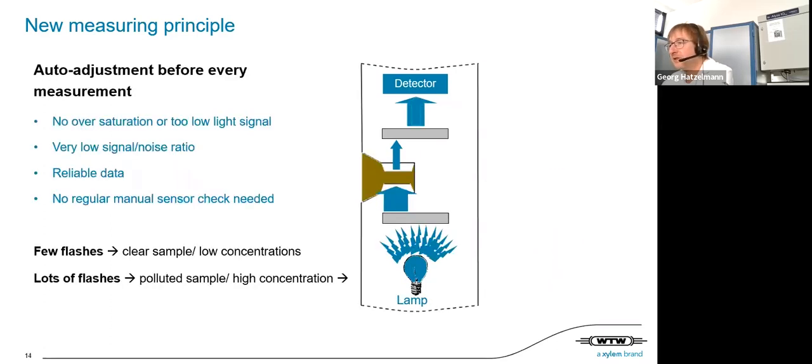Based on this, we have no oversaturation and no too-low signal, absolutely reliable data, and no regular manual sensor check is normally needed. So once again, few flashes for a clear sample or low concentration, and multiple flashes if we have a polluted sample or high concentration, automatically adjusted.